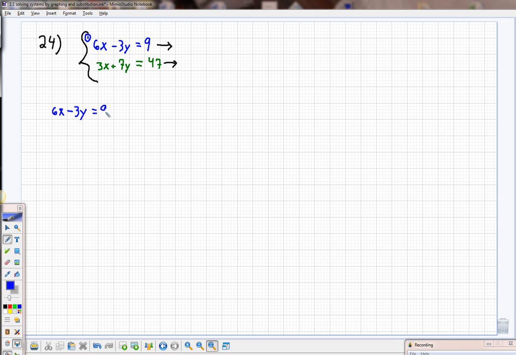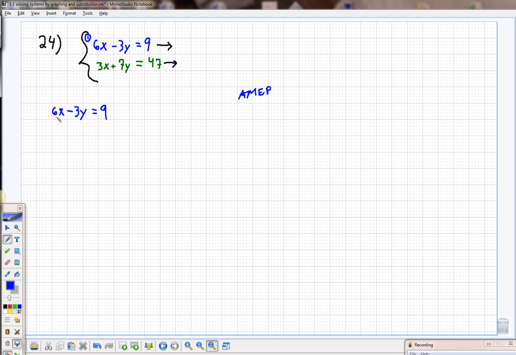Remember, we're using inverse operations in reverse order. The mnemonic device I give you for that is AMAP in order to solve.